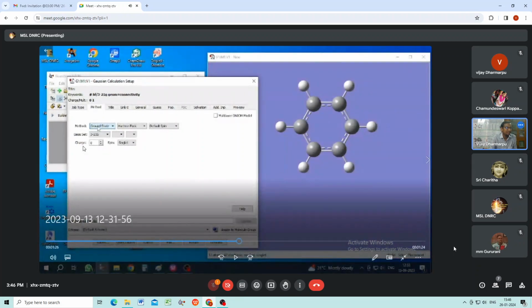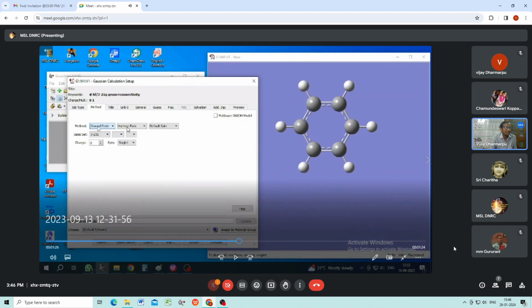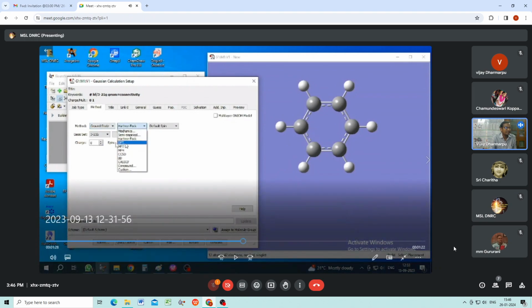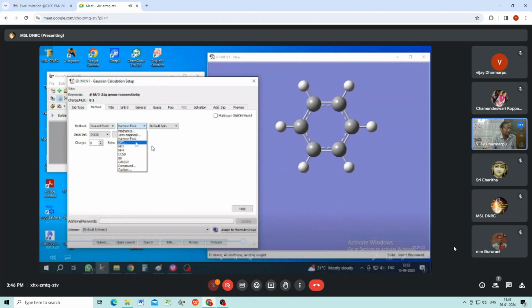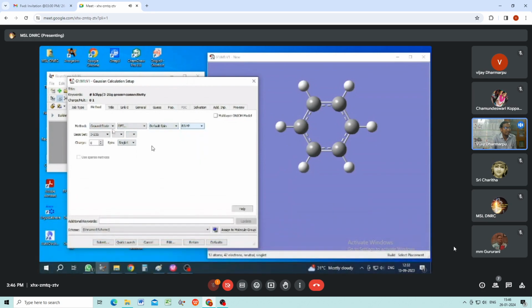And we have methods. We have a lot of methods. I already told about the Hartree-Fock method and the DFT method. Before going to the method, we go with a ground state or excited states. Any state we can see here: DFT, MP2, MP4, CCSD, and now MP6 is also updated. Spin we can also define.